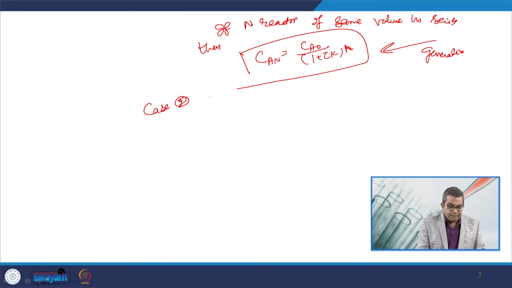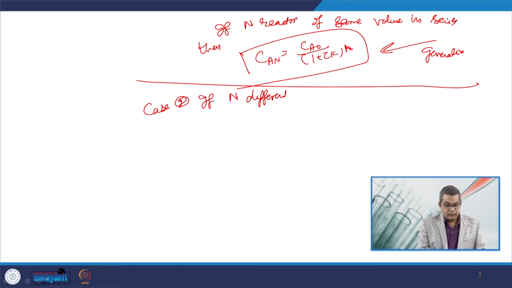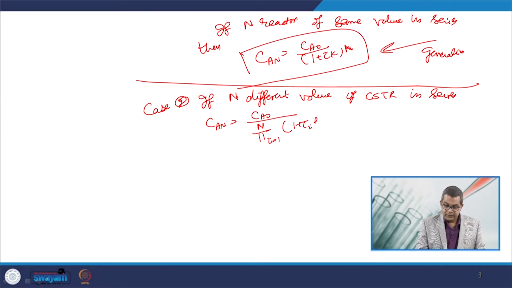If we say that n different volumes of CSTR are in series, then Can is equal to Ca naught upon the product from i equal to 1 to n of 1 plus tau i K. Now again we take a special case, tau 1 is equal to tau 2, equal to tau i, equal to tau n, then it becomes Can is equal to Ca naught upon 1 plus tau K to the power n.